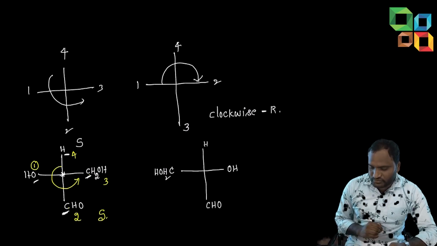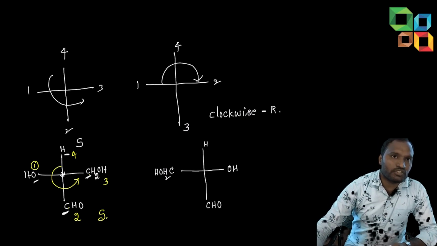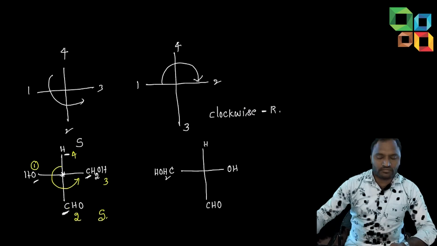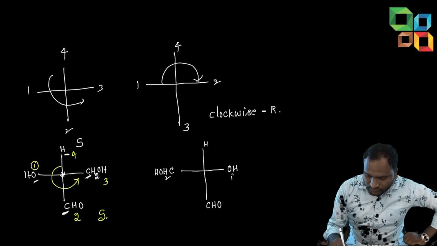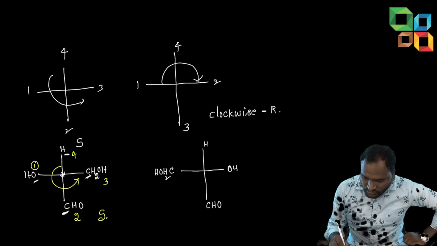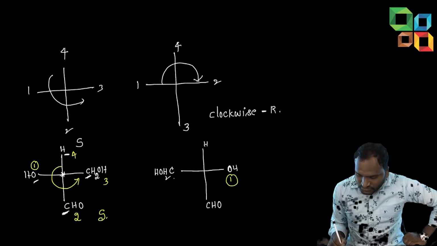For this, you tell me, students, which configuration? Very, very important. Here, OH. O is first, right? O will get first priority. Next, here carbon, here carbon.